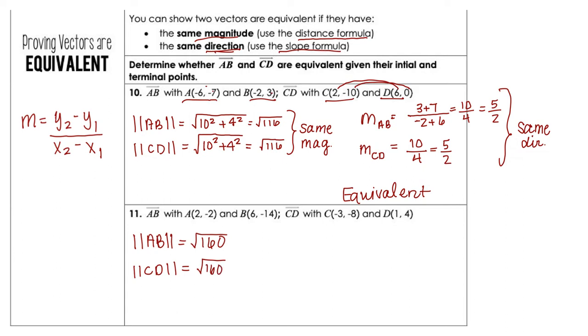And then the slope for AB, did y'all get -3? And then the slope for CD, did y'all get +3? Okay, so what can we conclude about these vectors? Opposite? Think so? All right, so we're going to call these opposite.